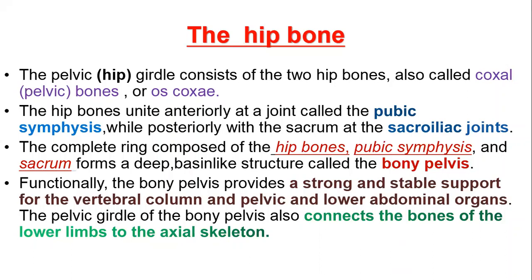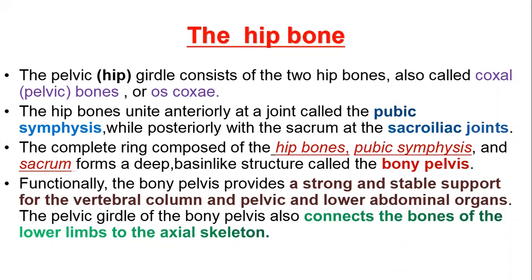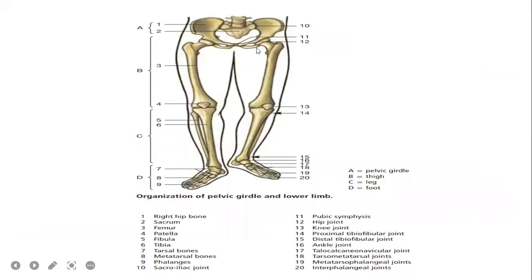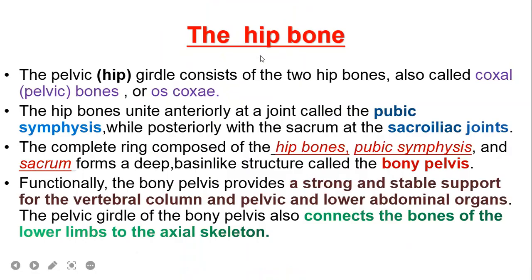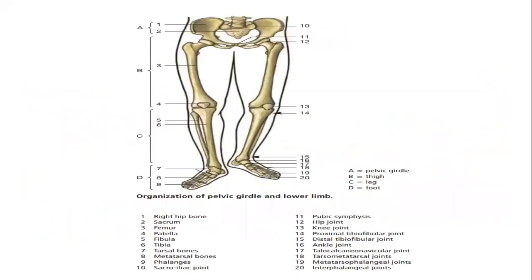The hip bones unite anteriorly at a joint called the pubic symphysis, which we were able to identify from our previous image, and posteriorly with the sacrum at the sacroiliac joint, the same joint we have right here, the part labeled as 10. This is the point of reference.